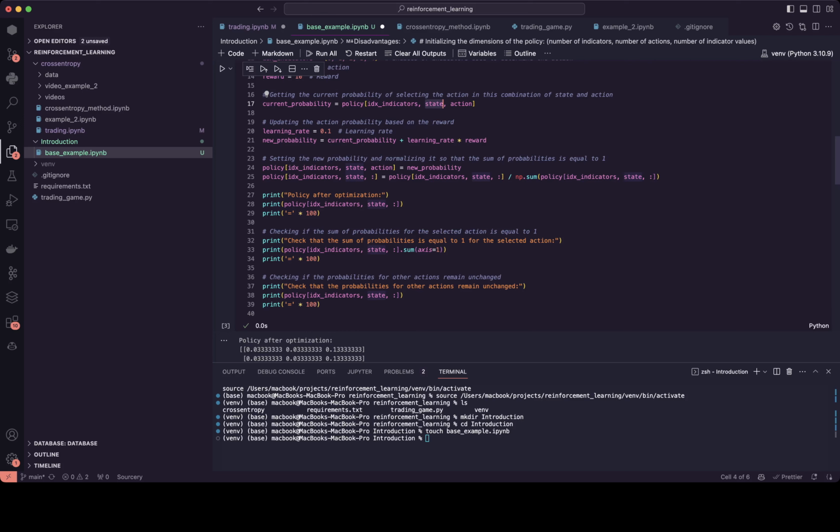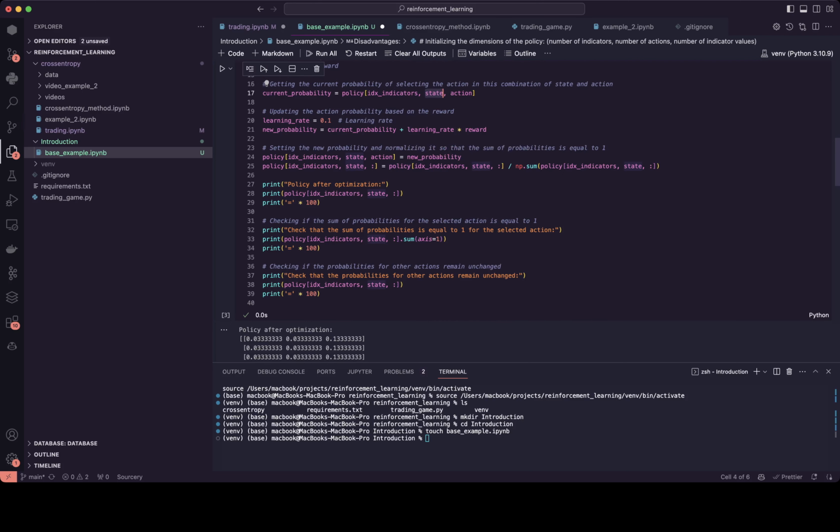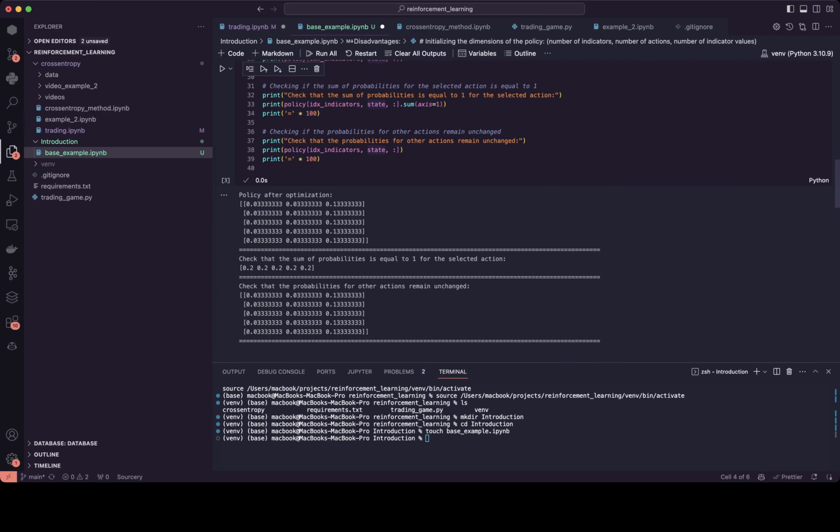And then we need to create some normalization of probability, because the sum of probability should be 100%. It means 1. Yeah, it's very important. For example, check that the sum of probability should be 1. For example, like 20%, 5 times, it would be 100% of probability.